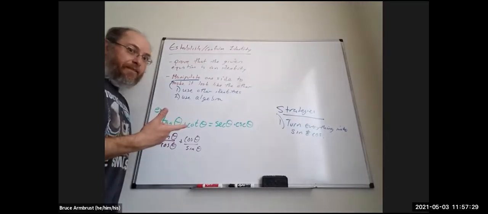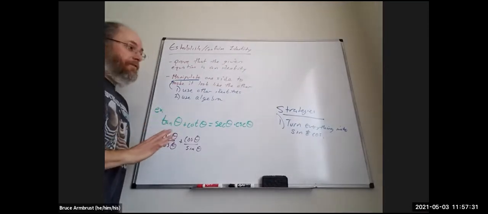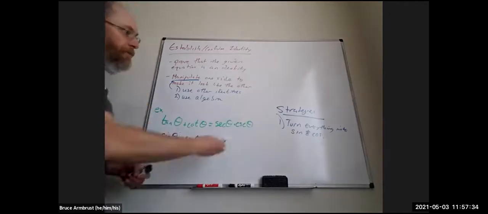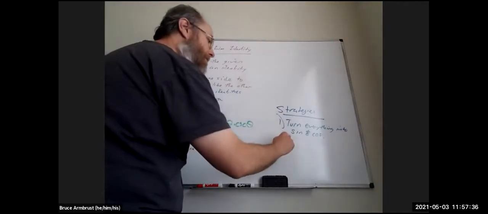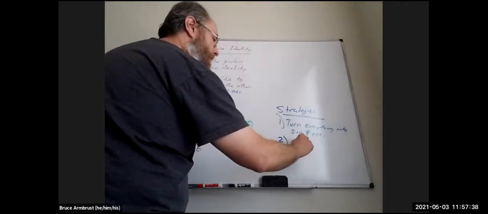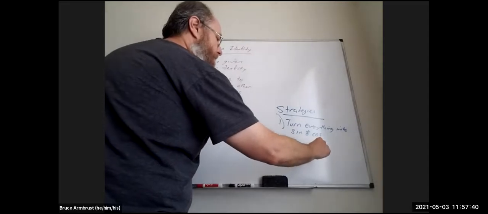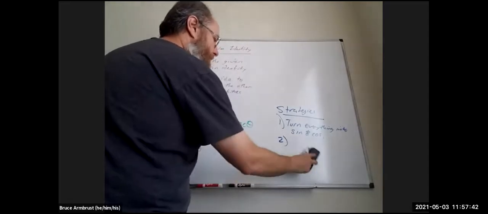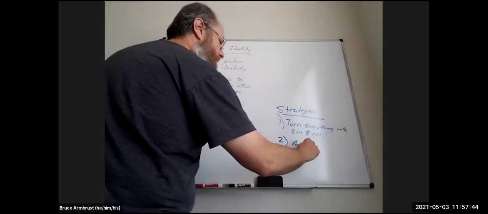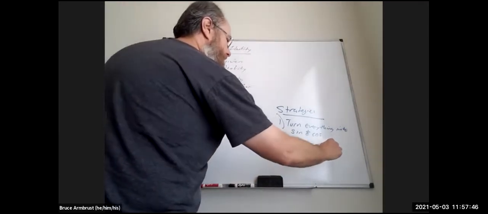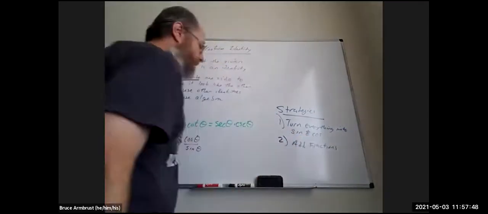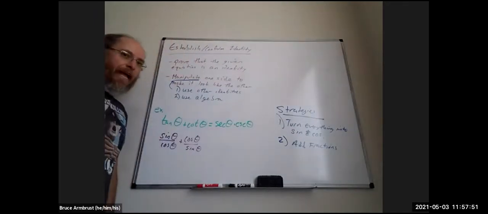The quotient identities lead to fractions, but you're going to get lots of fractions. So I'm going to put this on a strategy list. Let me just put add or subtract fractions, add fractions. So if you have fractions, add them together.